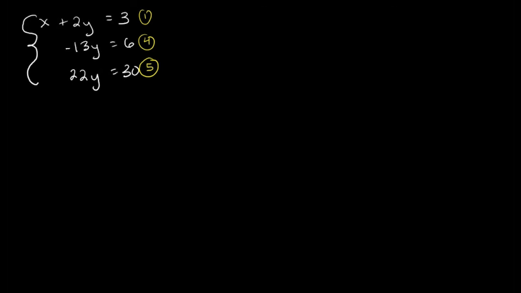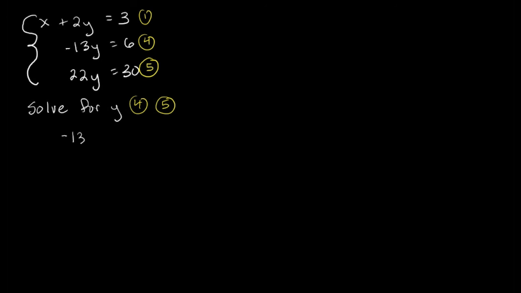So we're going to solve equation 4 for y, solve equation 5 for y. And technically, this is part of the Gaussian elimination, where we want to get that down to just whatever that variable is. So we're going to solve for y in 4 and 5.